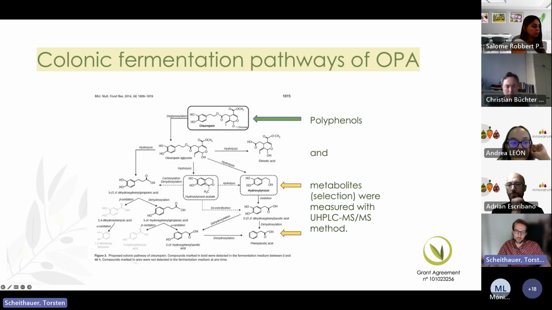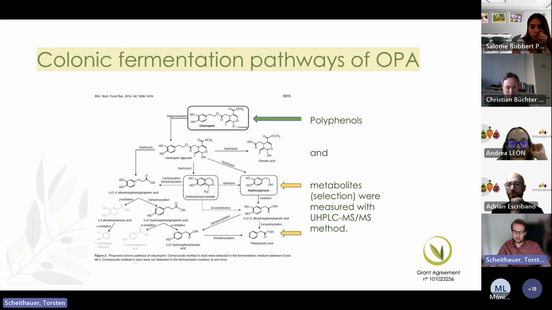So one of the biggest polyphenols in this OPA extract is oleuropein. And from the literature, we already know that there are some metabolites. For example, oleuropein can be metabolized into hydroxytyrosol via the gut microbiota.